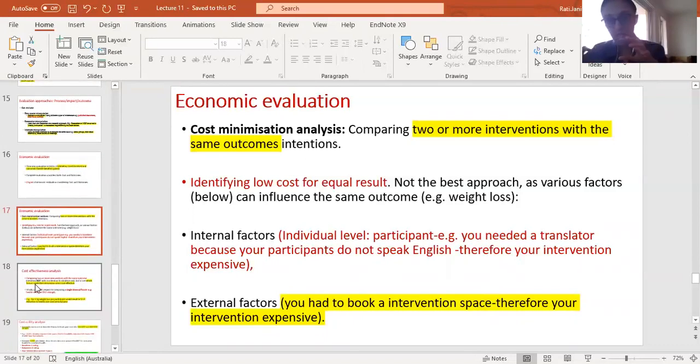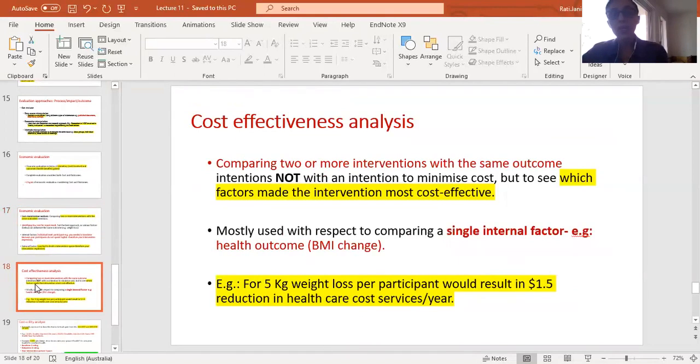Exactly how do you do this in analysis, economic evaluation, mathematically? You don't have to get into all that detail. So one step better is cost-effectiveness analysis, where you are comparing two or more interventions which have the same outcome, but you're using one common factor as a measurement of how successful the intervention is.